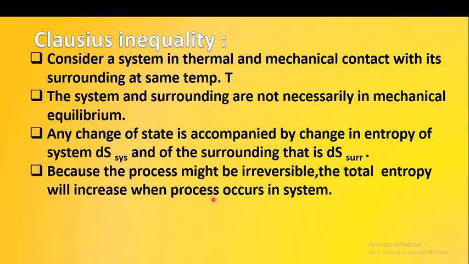Entropy, the disorderness or randomness, always increases. Therefore dS system plus dS surrounding is greater than or equal to 0, that is, the change in entropy of the universe is always greater than or equal to 0. So dS of the system is greater than or equal to minus dS surrounding.